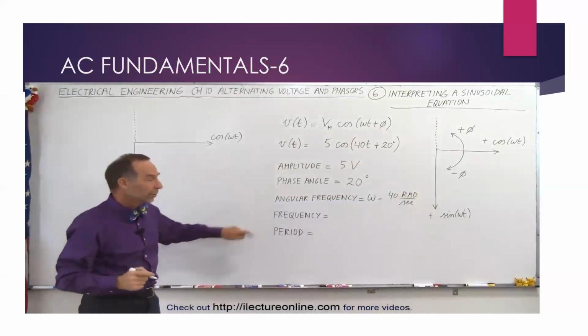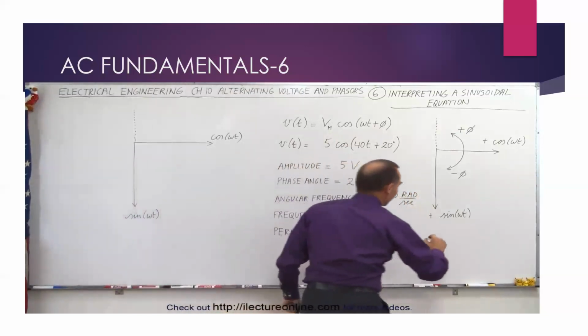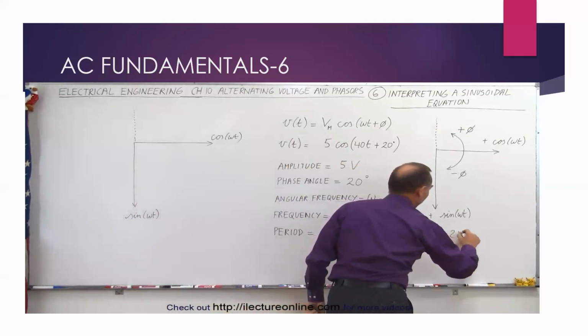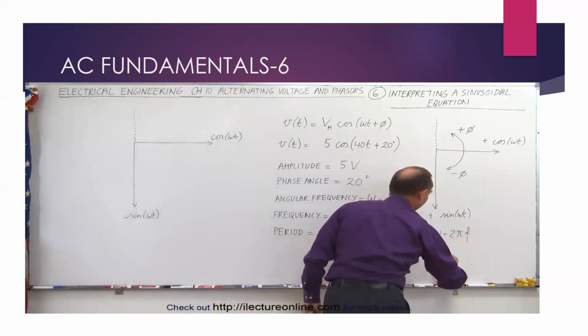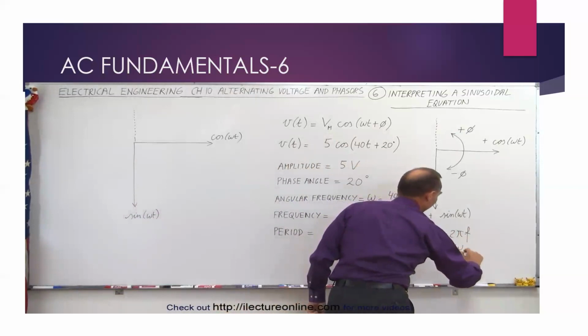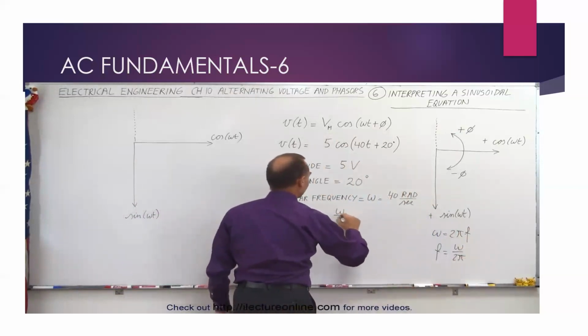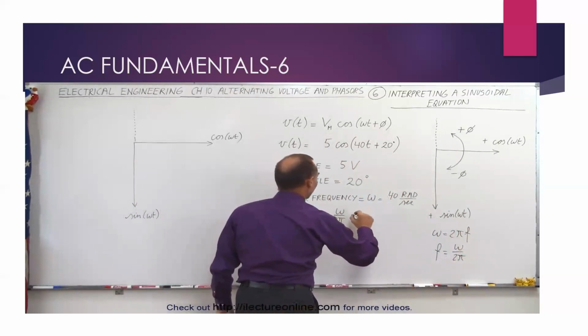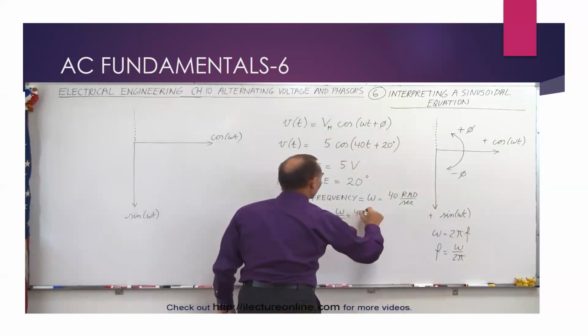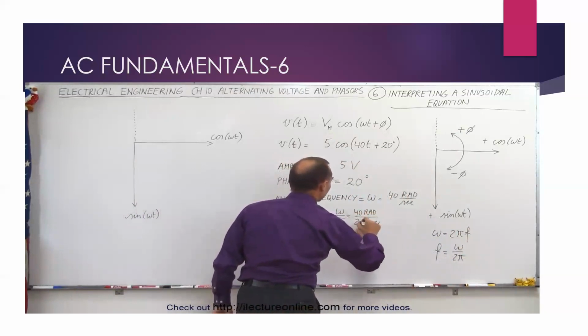Now the frequency. It turns out that the angular frequency omega is equal to 2 pi times the frequency. Therefore, the frequency is equal to omega divided by 2 pi. Go ahead and plug that in: 40 radians per second divided by 2 pi.